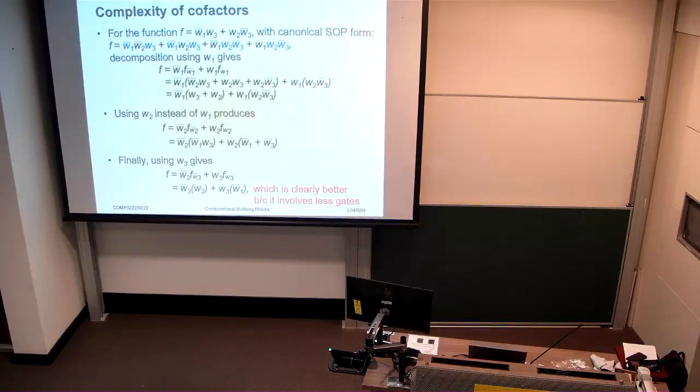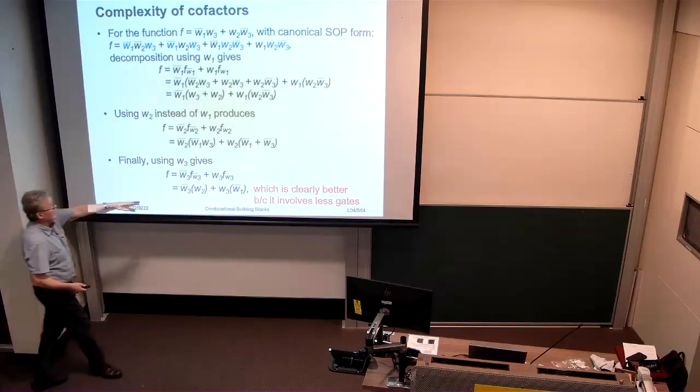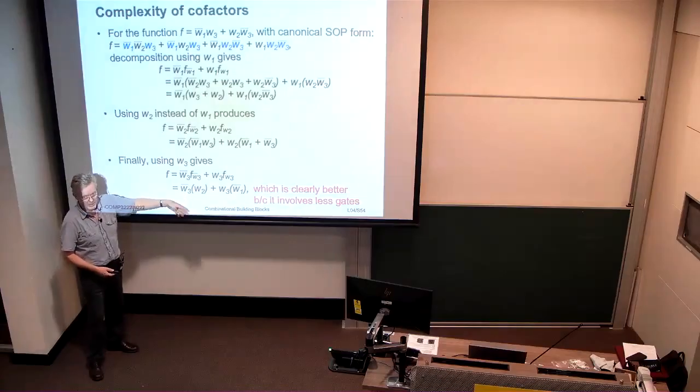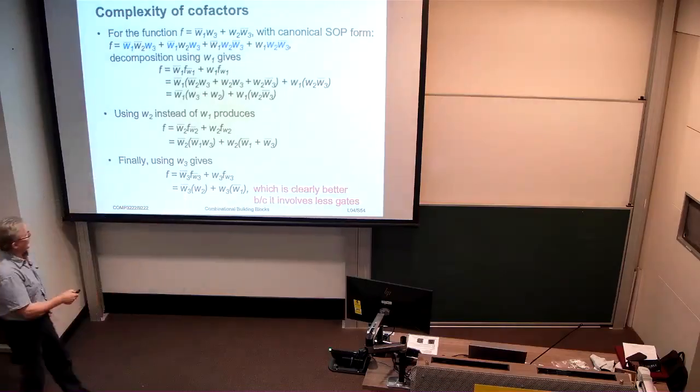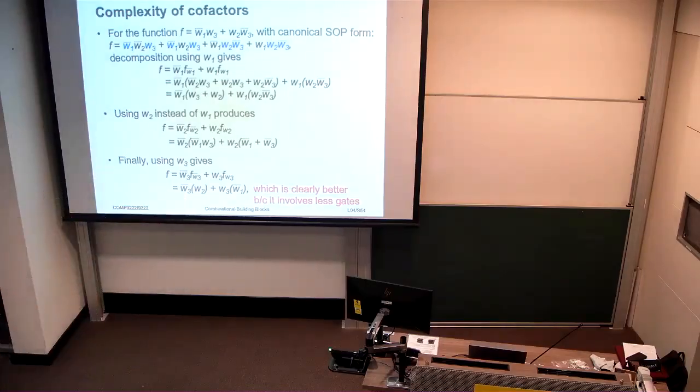Okay, good. So clearly here, decomposing with respect to W3 is cheapest. I missed the step in between, but we would have had, what are the terms that can include W3 bar? It's only the latter 2, W1 bar, W2, and W1, W2.